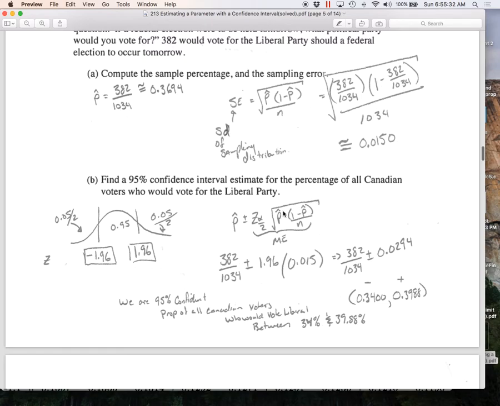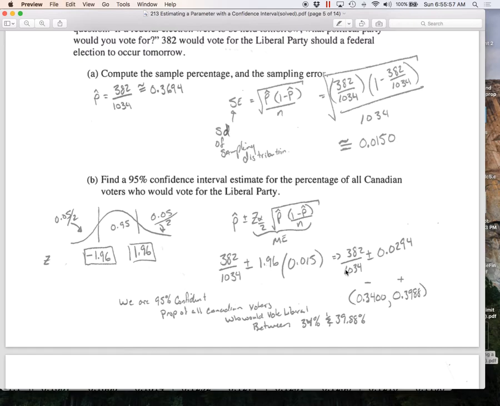The standard error, which is all of this, we've calculated here, so I'll just simply sub it in. And the number of standardized jumps is 1.96. The empirical rule suggests to be 95% confident we need 2 standardized jumps, and we can do a little bit better job when we're using the Z table. This is almost 2. You can see that it's close to 2, but it's really more 1.96.